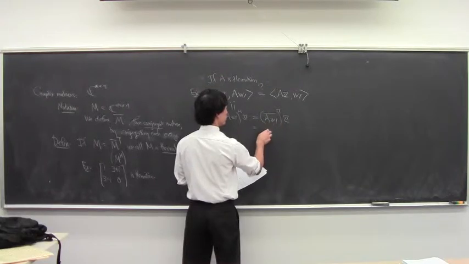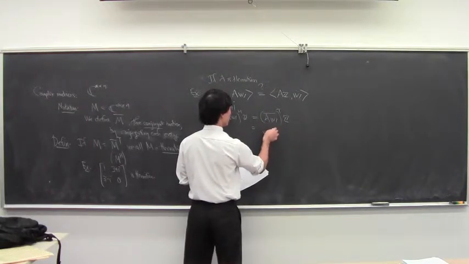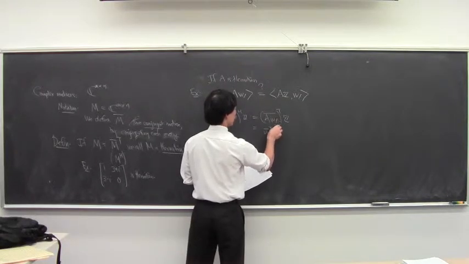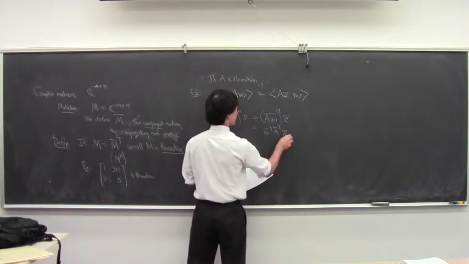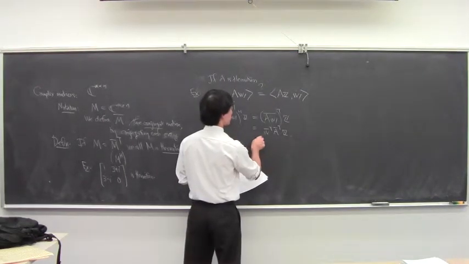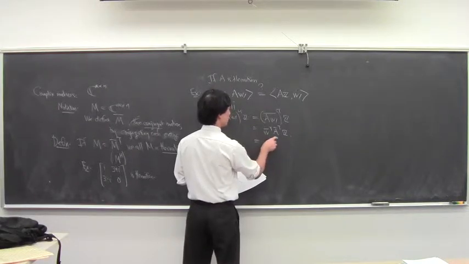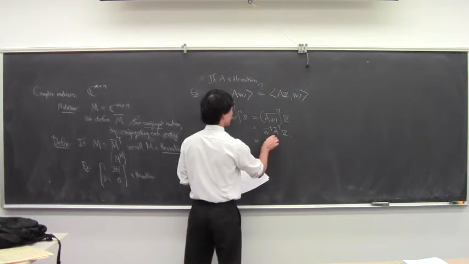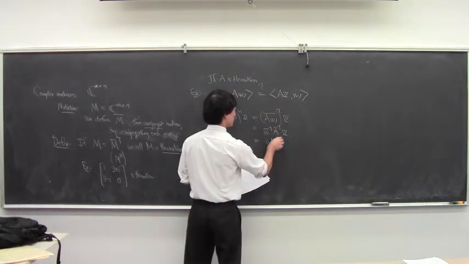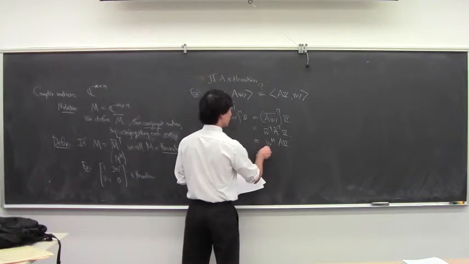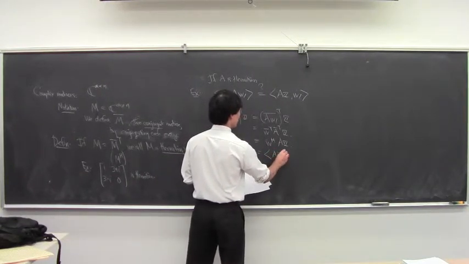The transpose of a product is the product of transposes in the reverse direction. And A is Hermitian, so you know that A conjugate transpose is the same thing as A. And so you get AZ, W.